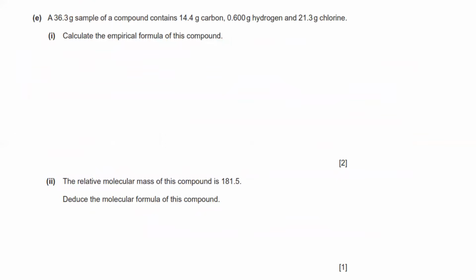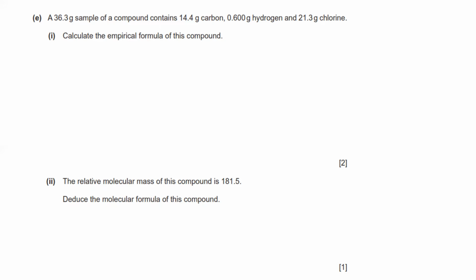Okay. Then part E, in this question, it says a 36.3 gram sample of compound contains 14.4 grams of carbon, 0.6 grams of hydrogen, and 21.3 grams of chlorine.